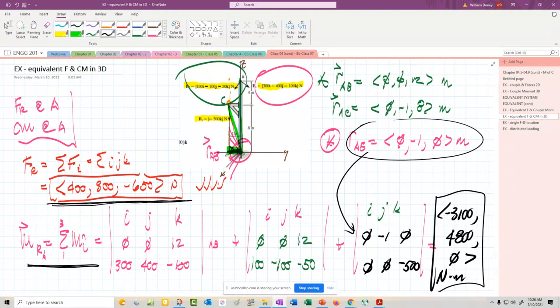And that's as far as it asks us to go. However, if it asks us to find the magnitude, that's the square root, and we could find the angles by doing inverse cosine. We could continue that problem and make it a big, long, ugly problem. But this one wasn't too bad, I don't think.